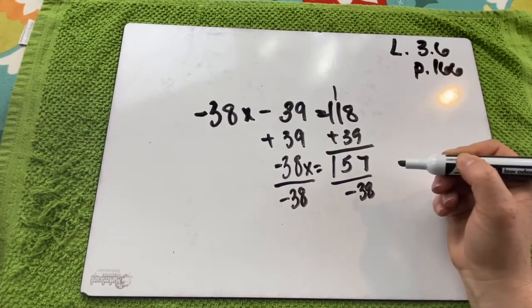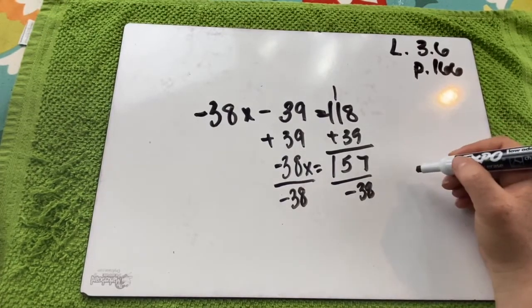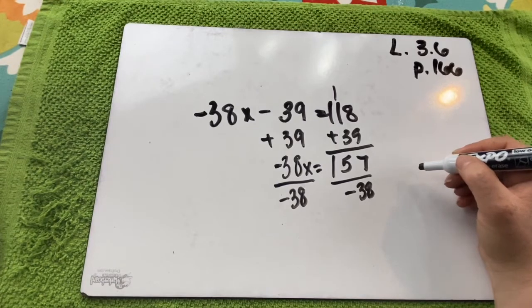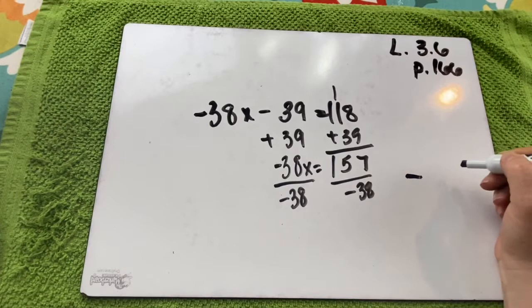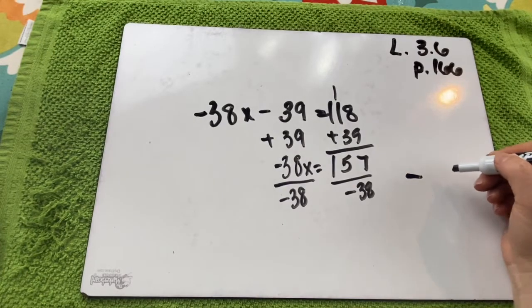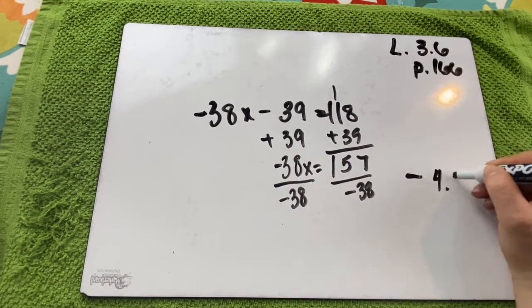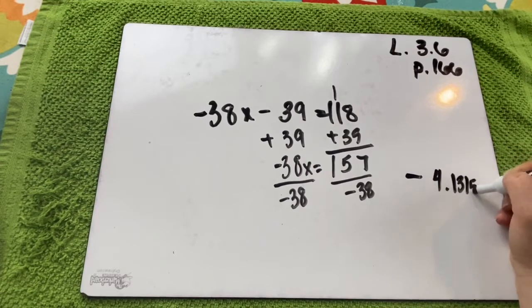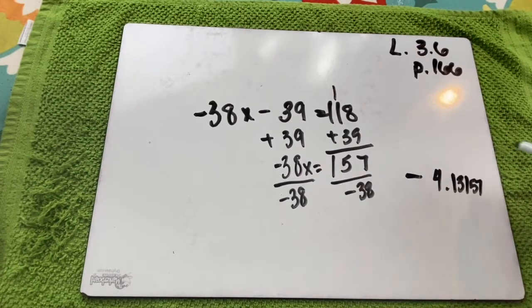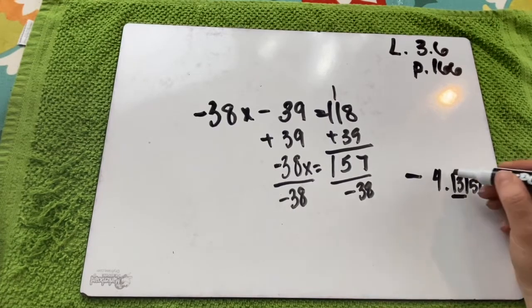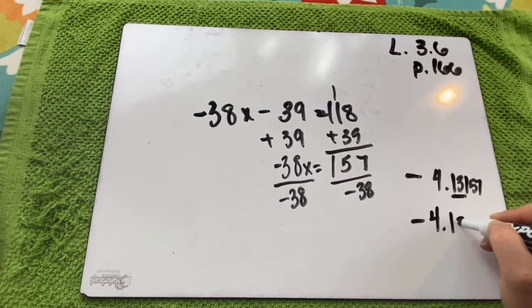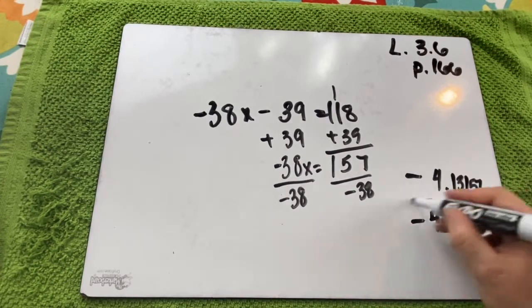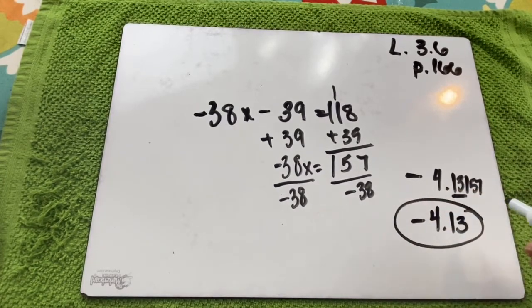Use your calculator. Okay? So this is going to equal negative 4.1315, whatever. It's going to keep going. So I'm looking at the first 2 here. This one is going to do nothing. So the equivalent is 4.13. Done. Okay?